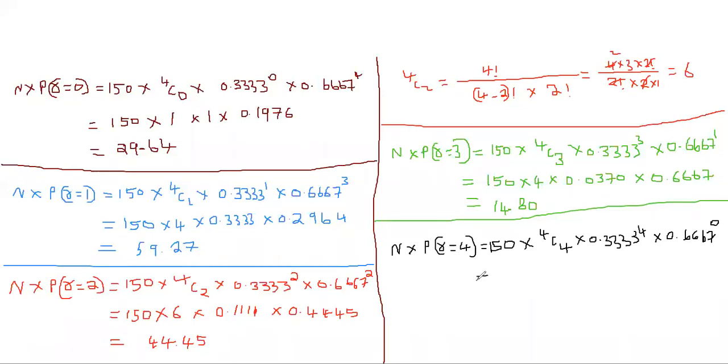So we'll get 150 into, so 4C4, how much will you get? When n value and r value are the same, you'll get the answer 1.